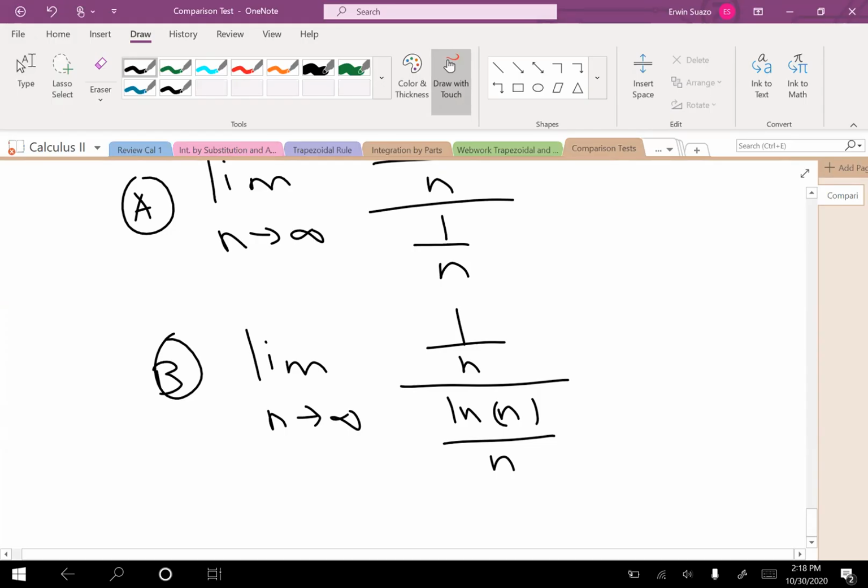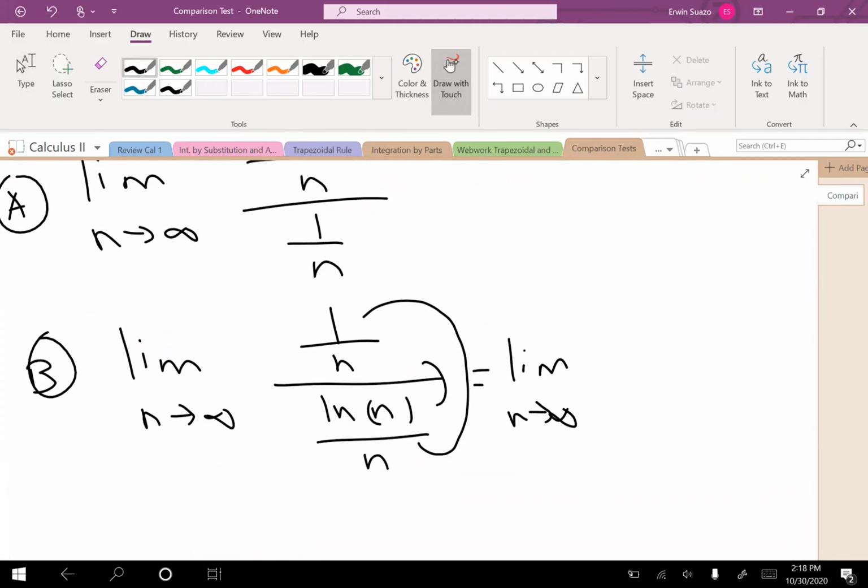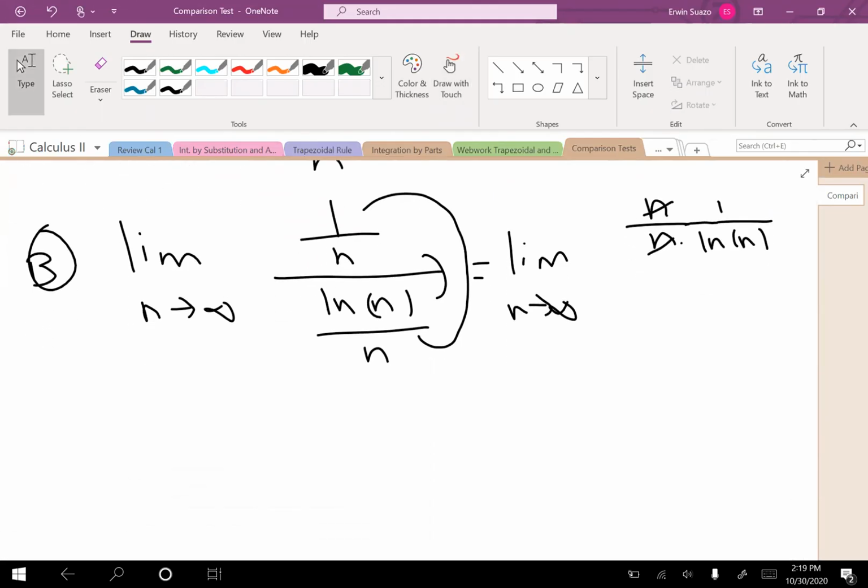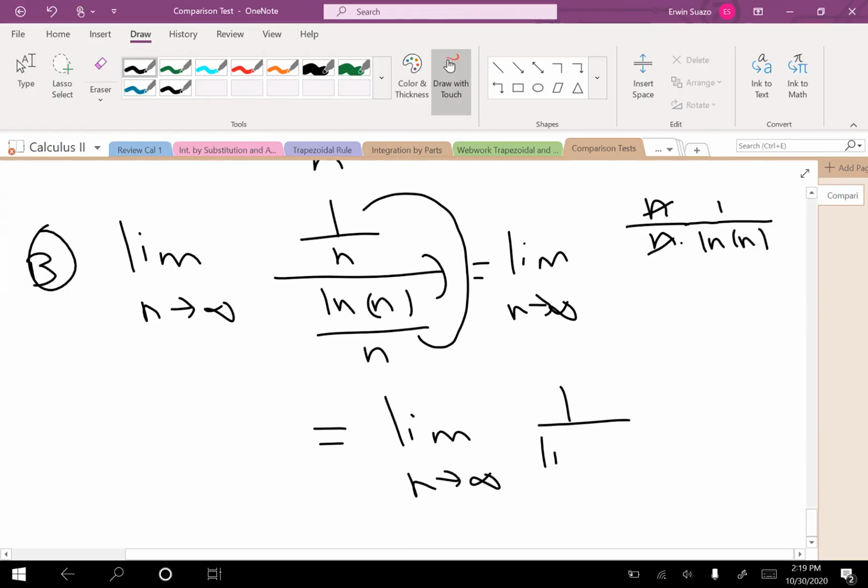I like b better, because when I do the multiplication, I get the limit as n goes to infinity of n times 1 over n times ln n. So this n cancels with this n, and I get the limit as n goes to infinity of 1 over ln of n.